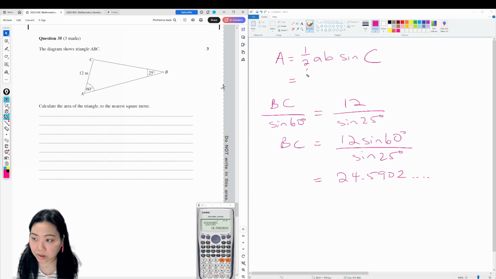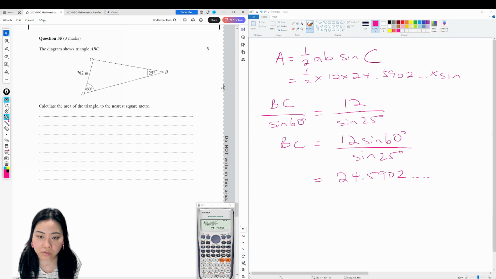It's going to be half times 12 times 24 point dot, dot, dot, times. Oh, we still can't. But we're getting close. Now C is this angle here, it's just coincidental that it is C. But from our formula, it has to be sine of the angle that is not from the sides that we have used.